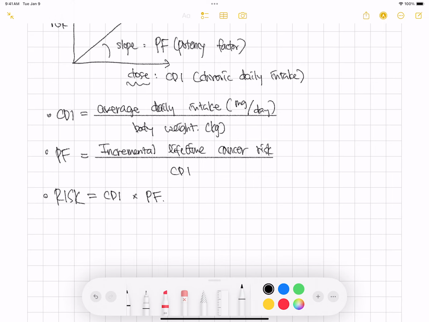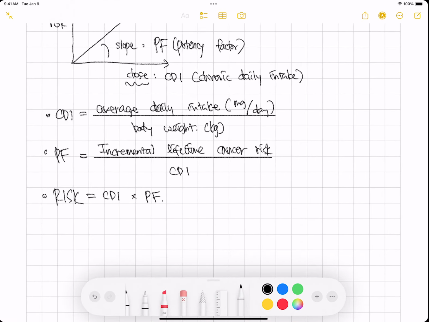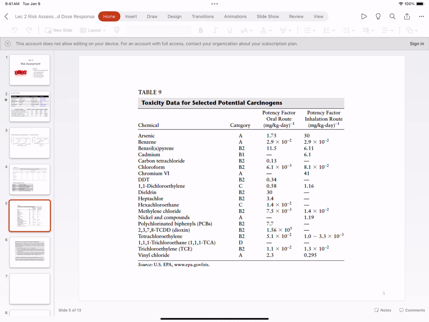Let's see. Do I have the table? Yeah, here's table 9.